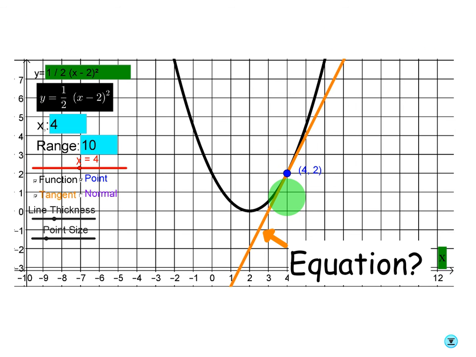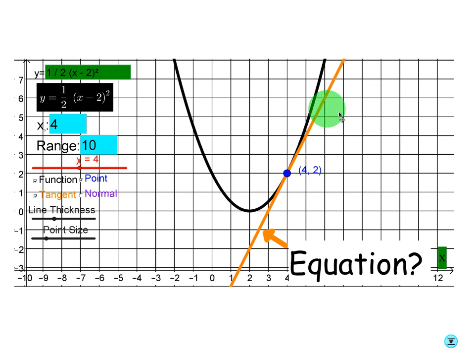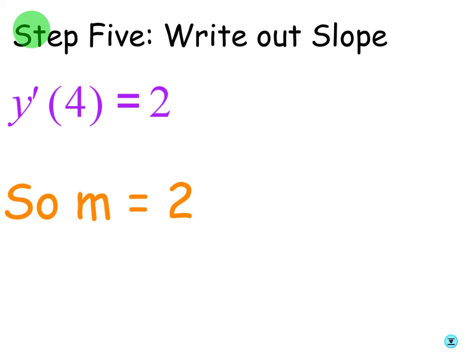So that means the slope of this line is 2. Okay, so for step 5, you'll just write m equals 2. Because when we plugged in 4 into the derivative, we got 2 back. All right, so now you're going to write what? Y equals mx plus b, right? You have m, you have y, and you have x.